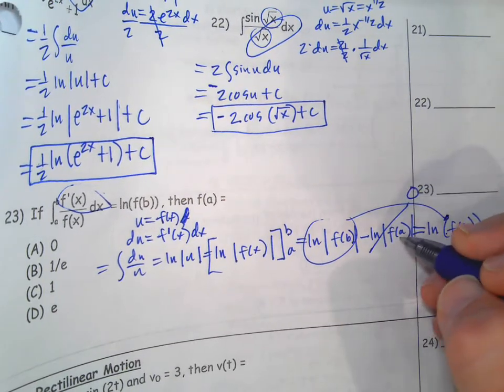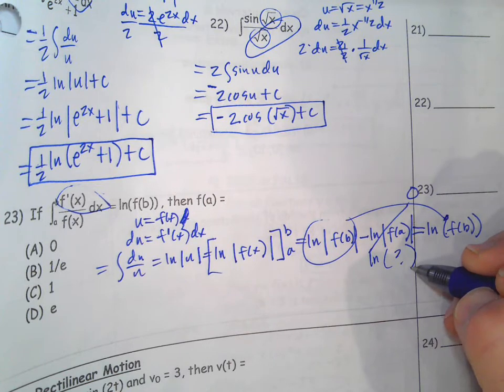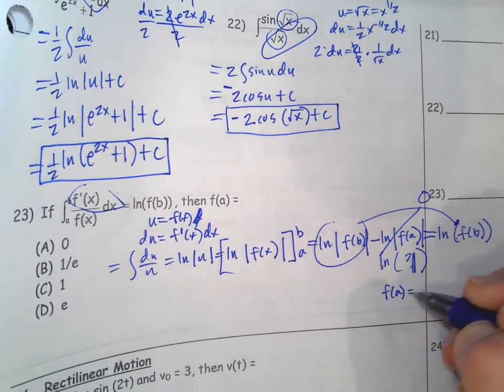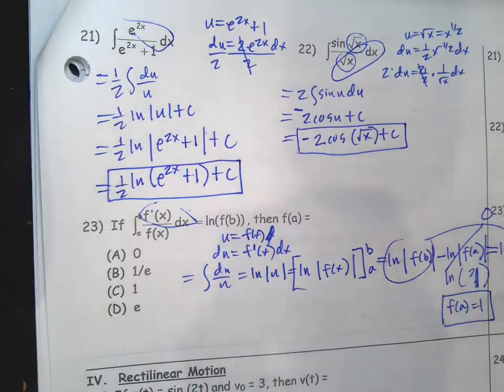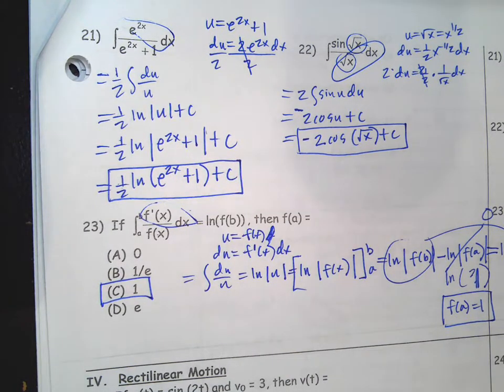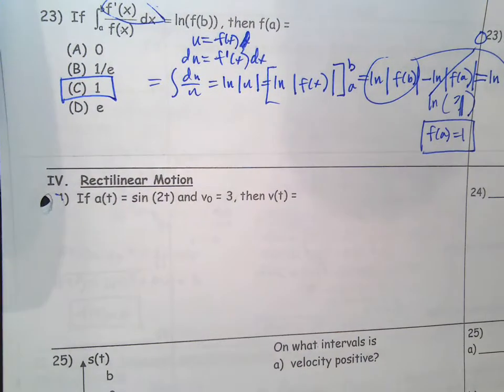Well, how would this term go away? Natural log of what would be 0? 1, right? Which means that f of a equals 1 for this to work out the way they describe it. So answer C.